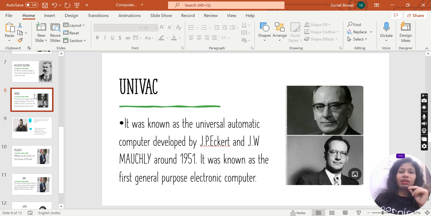It was known as the first general purpose electronic computer.